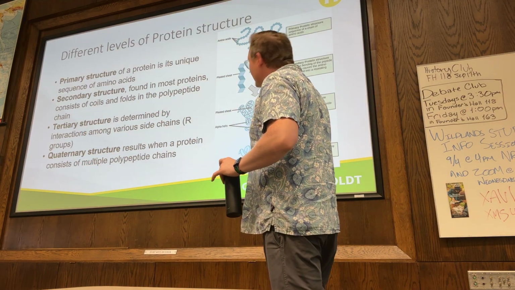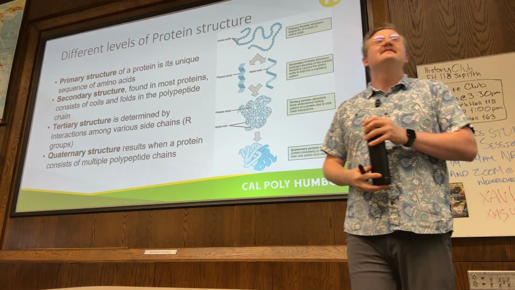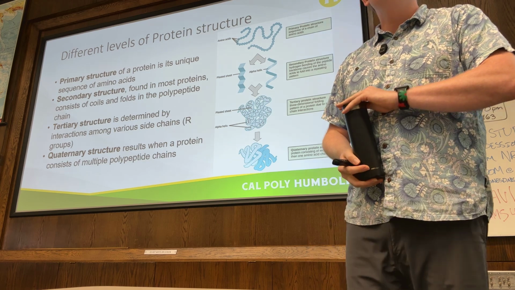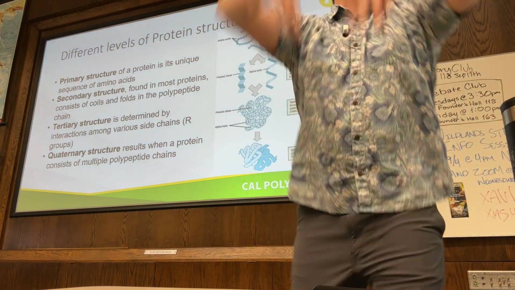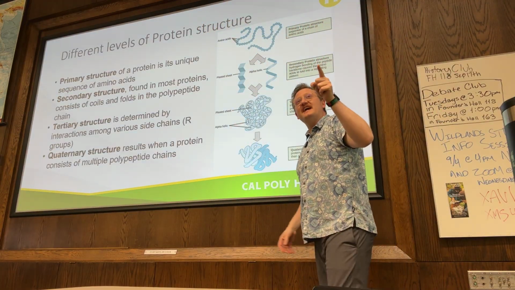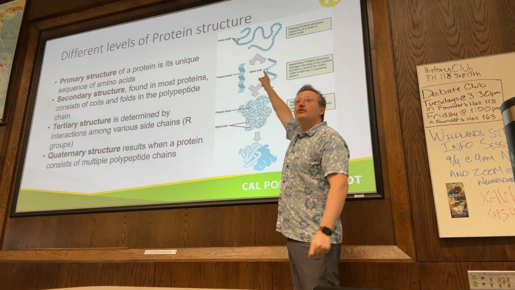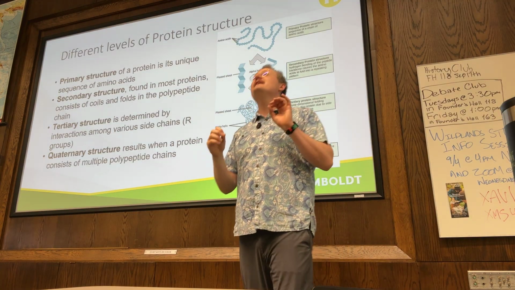Okay, questions about different levels of protein structure? Please. I'm just throwing points all over today. You're getting some for that one. So check this out. Peptide bonds are only in the primary structure. And peptide bonds are covalent bonds.